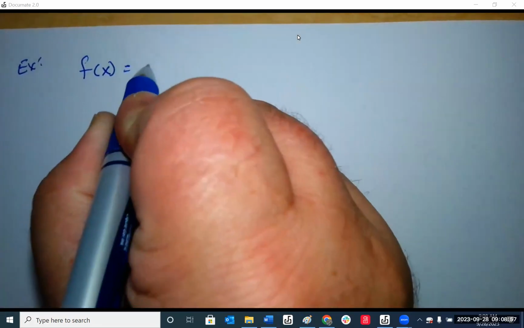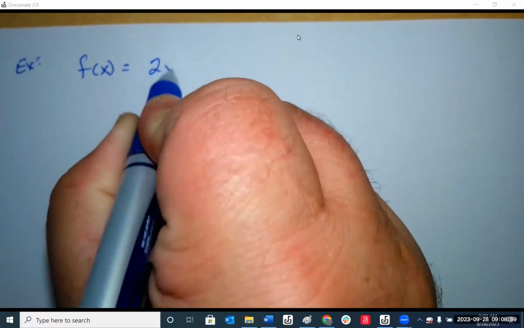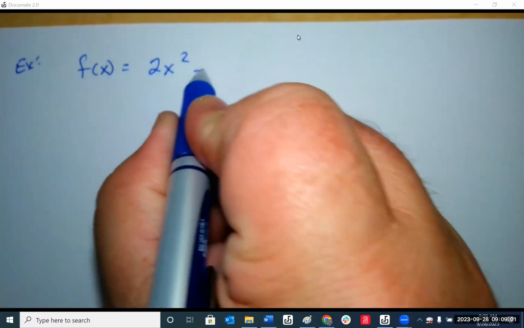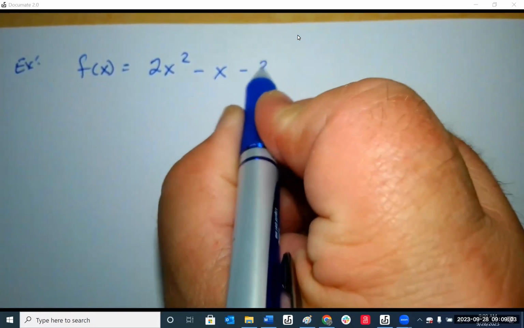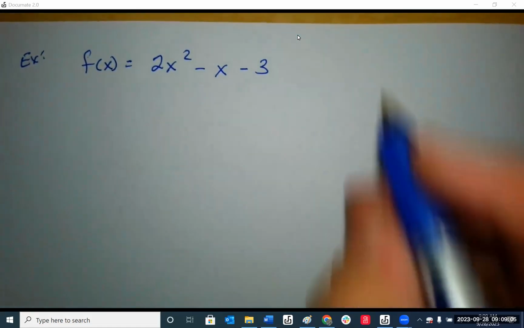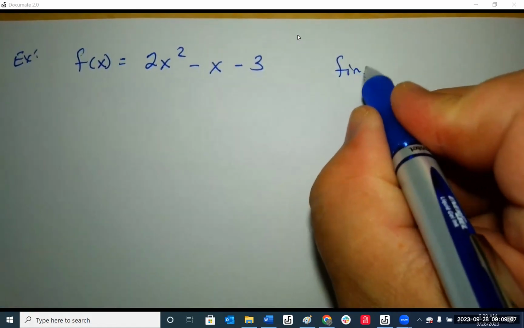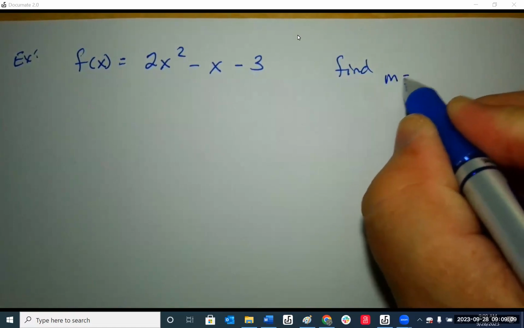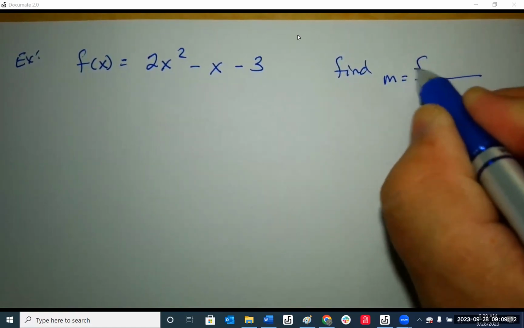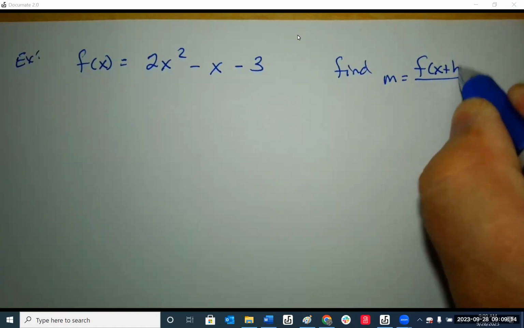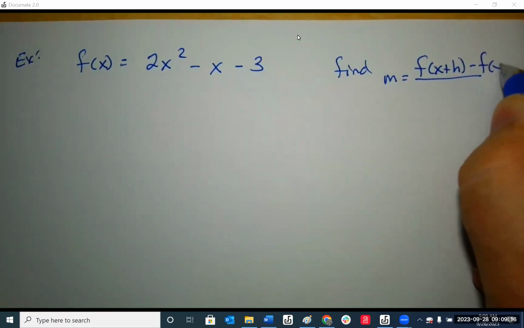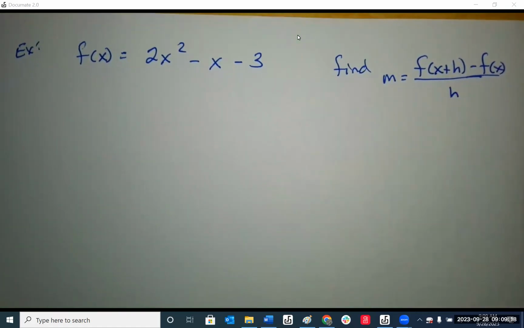f of x equals 2x squared minus x minus 3. Find the difference quotient.